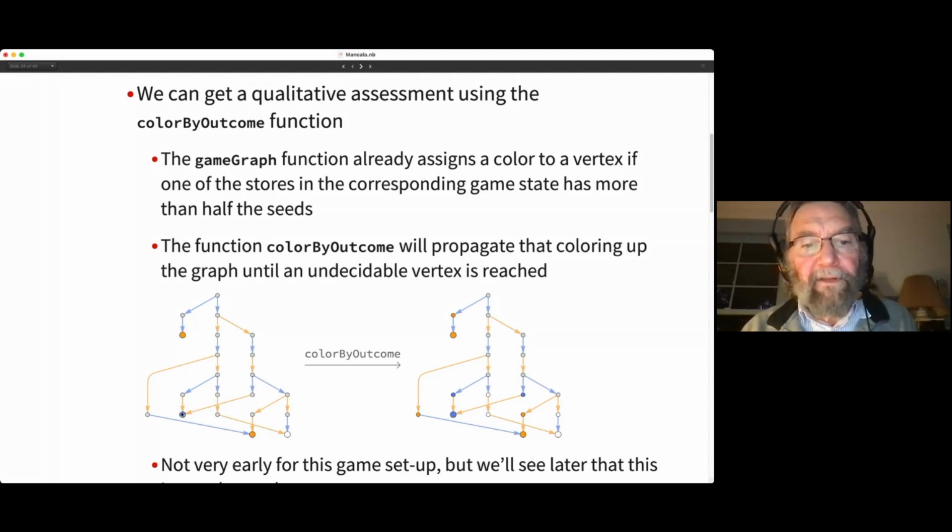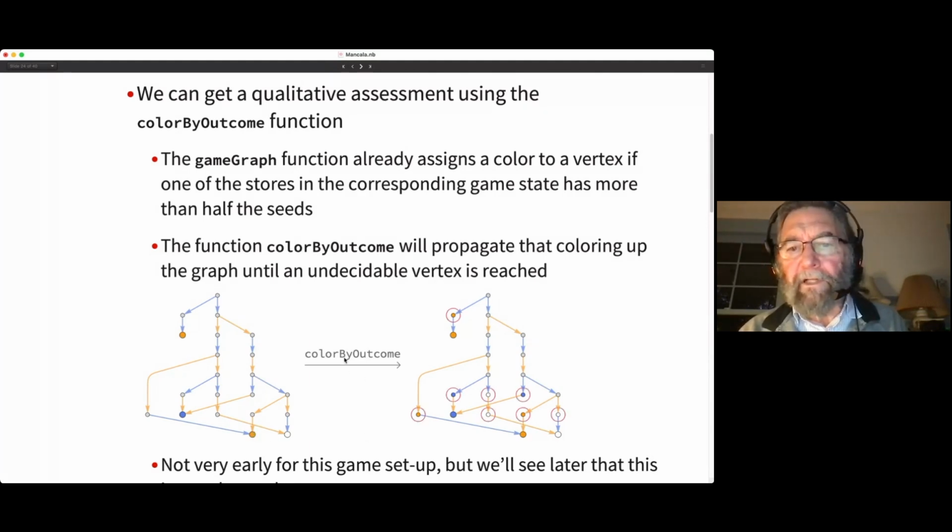And then if there's only one edge out of a given state, then it inherits the win status of the dependent vertex.